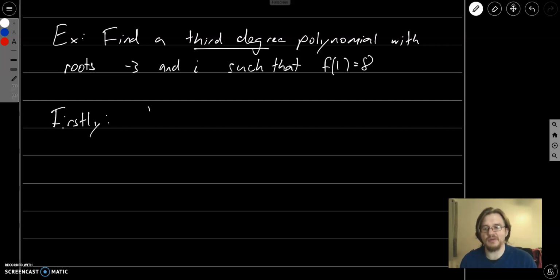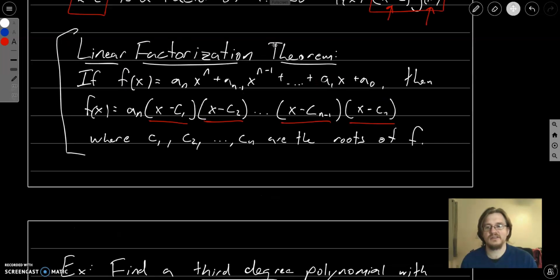we know that our polynomial f is going to be a third degree polynomial, so it should have 3 roots. Well, from our theorem here, if we have 3 roots, we're going to have x minus something times x minus something times x minus something.